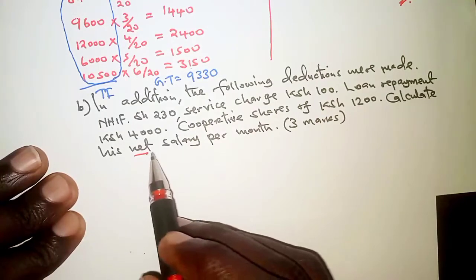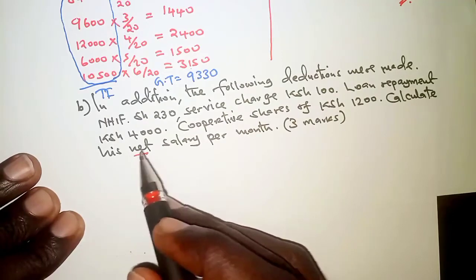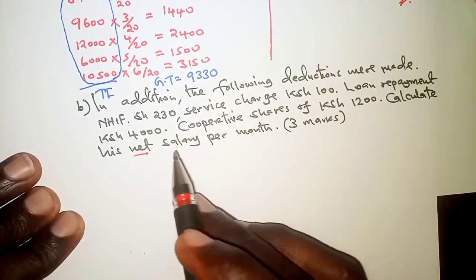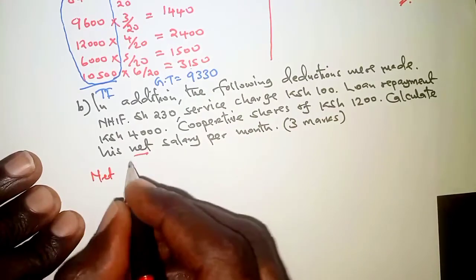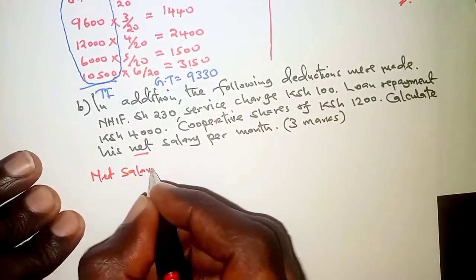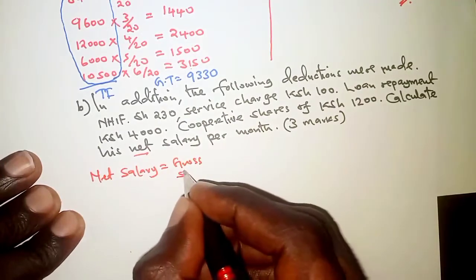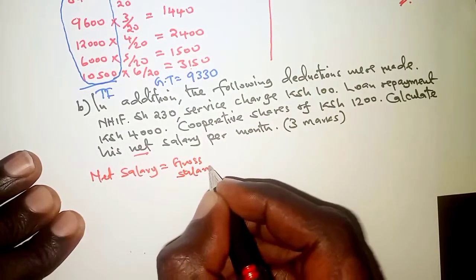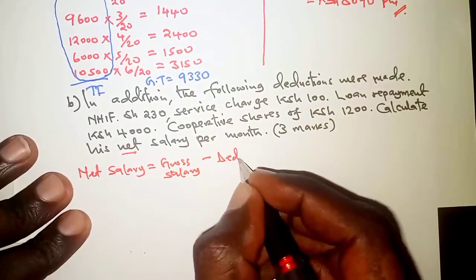Now we need the net salary. That means we must have been having the gross salary, so that we deduct something to remain with the net. So net salary is equal to gross salary minus deductions.